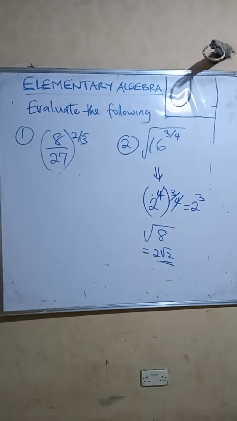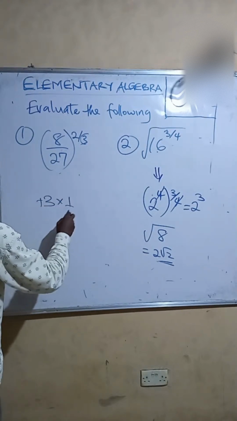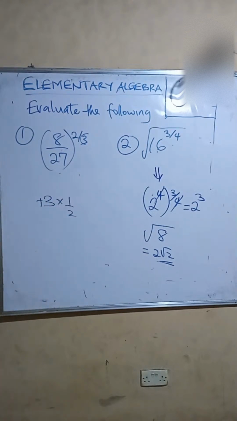1 over 2 times 1 over 2. Is it my question? Plus 3 times, okay, I can see the question. Plus 3 times 1 over 2. Okay, let me put it on the board. Plus 3 times 1 over 2, times 1 over 2.